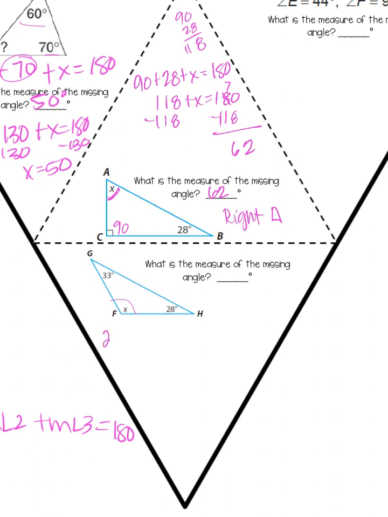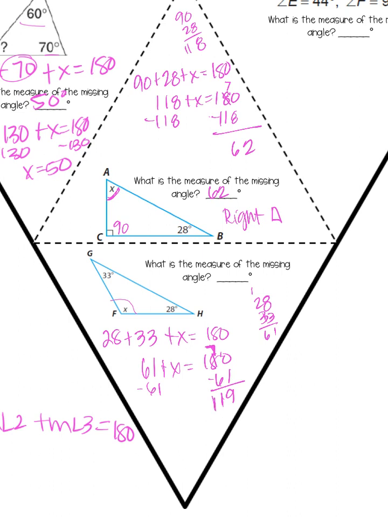So let's see. 28 plus 33 plus x equals 180. 28 and 33 is 61. 61 plus x equals 180. Subtract 61 from both sides. You're going to have to borrow. That becomes a 10. That's a 9. It's a 7. It's 119.